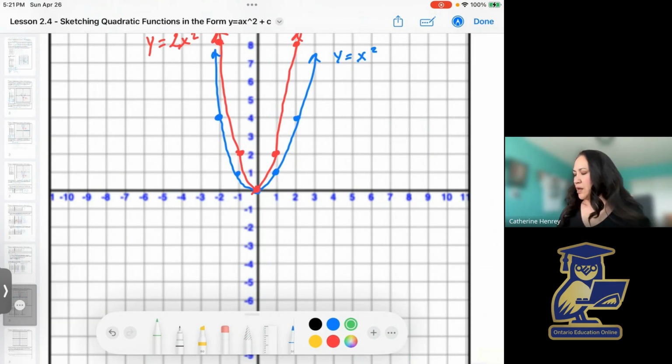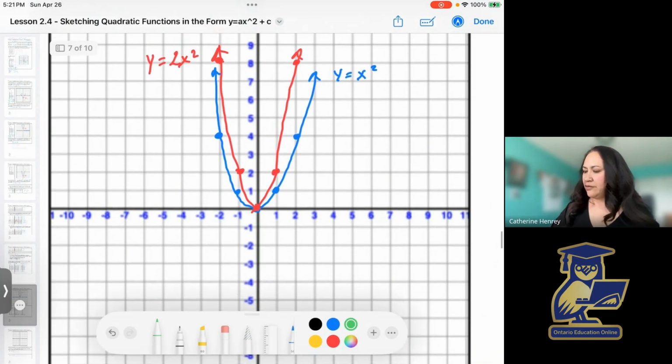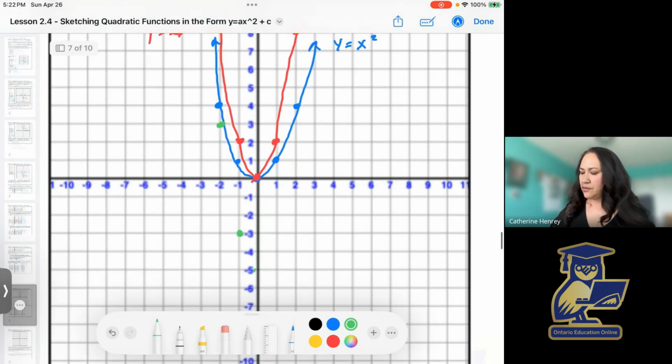I'm going to change my colors, and now I'm going to add the next coordinates. And we have -2, 3, -1, -3, 0, -5, and then 1, -3, and 2, 3 right here.